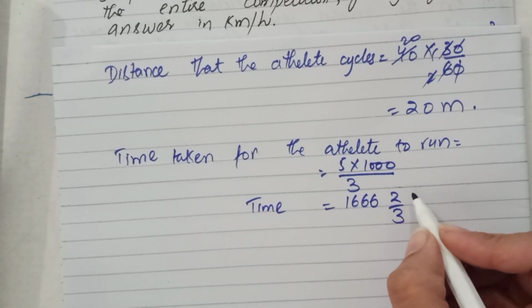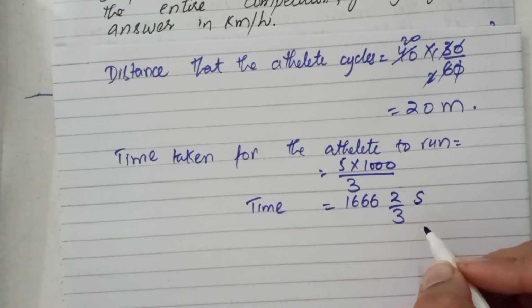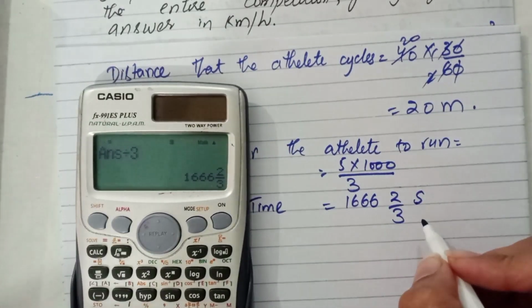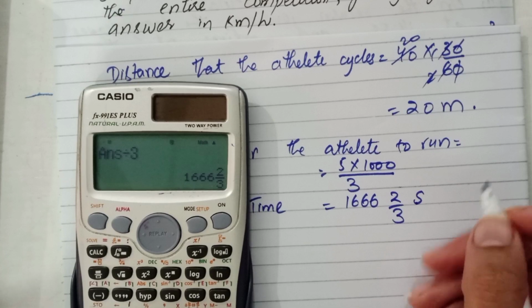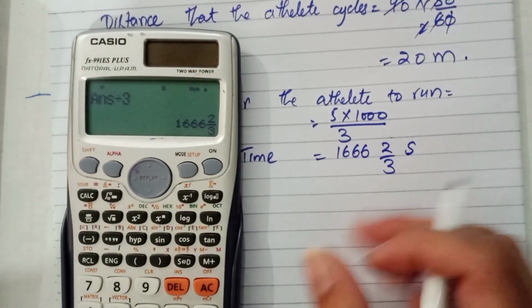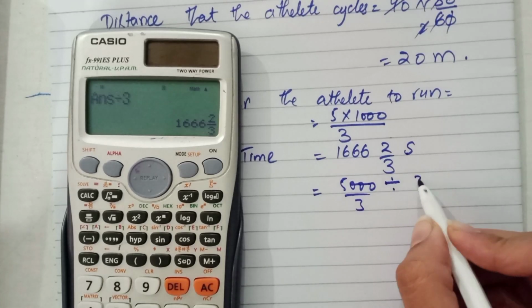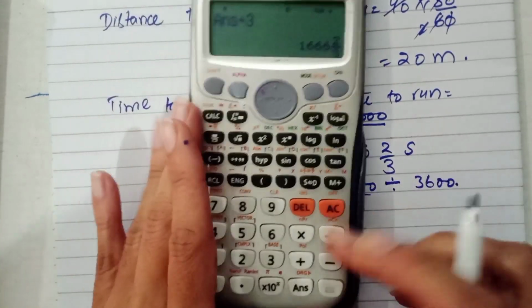That is in seconds, and we have to convert this time into hours by dividing by 3600.